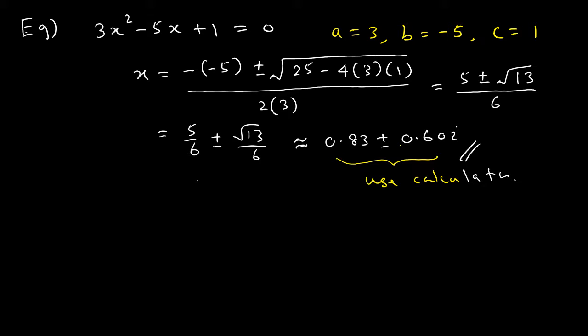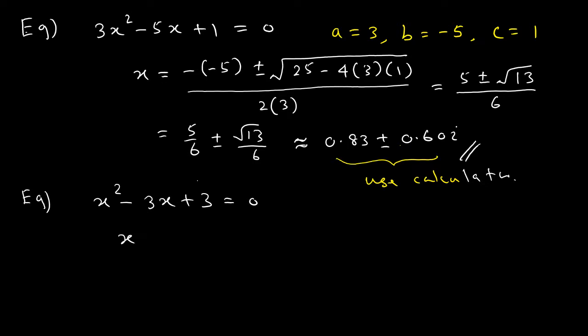So the next one is, let's look at this problem. So let's say we have x squared minus 3x plus 3 equals 0. Again, so we're going to plug in.